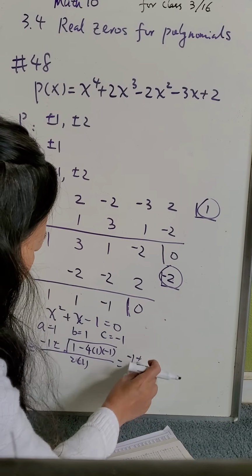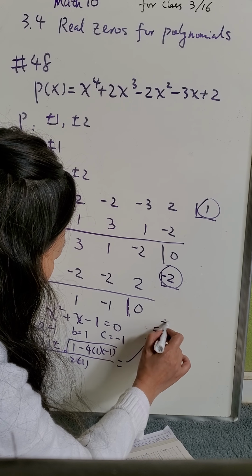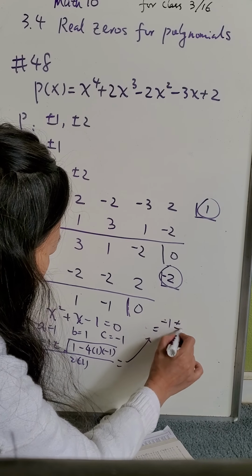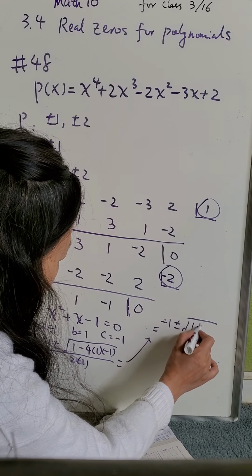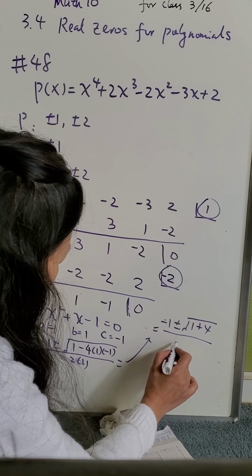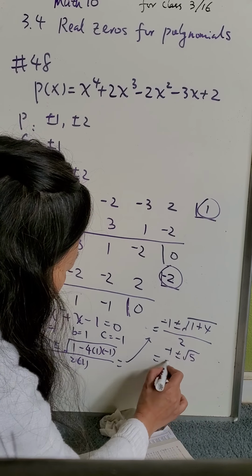Okay, so I'm going to continue here, so it's equal to negative 1 plus or minus the square root of (1 plus 4) over 2, so it's equal to negative 1 plus or minus square root of 5 over 2.